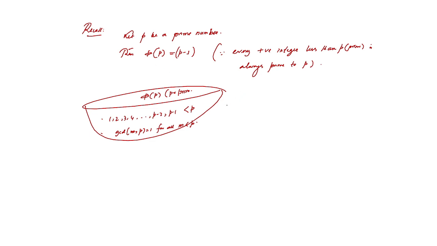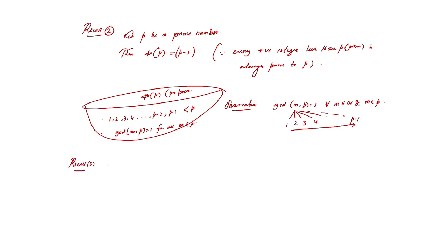As our observation, GCD of m and p equals 1 for all natural numbers m less than p. The possibilities of m may be 1, 2, 3, 4, and the last possibility is p minus 1. You just count the number of elements, and obviously it will be p minus 1.